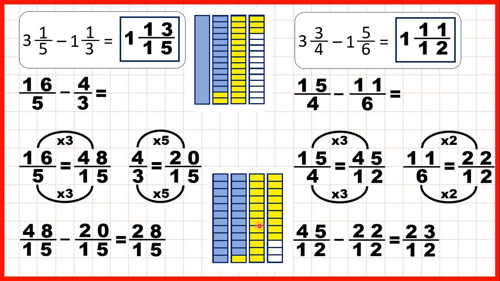So taking away 22 of these 12ths leaves us with 23/12 left in blue. But we can divide 23 by 12, that's 1 remainder 11, so our answer is 1 and 11/12.